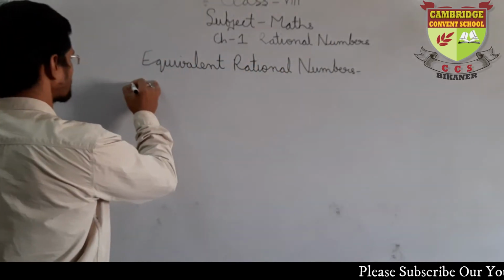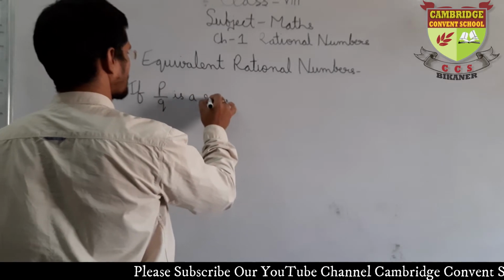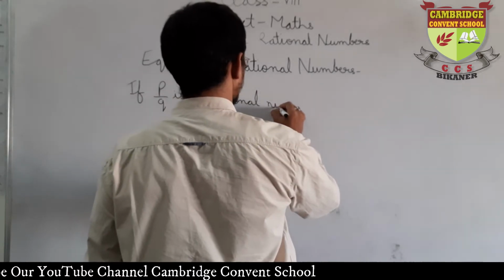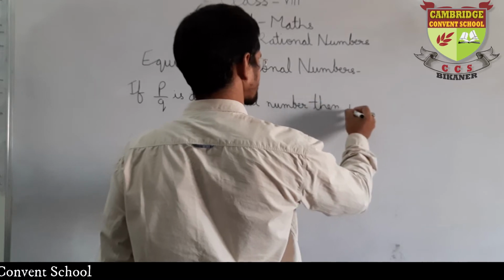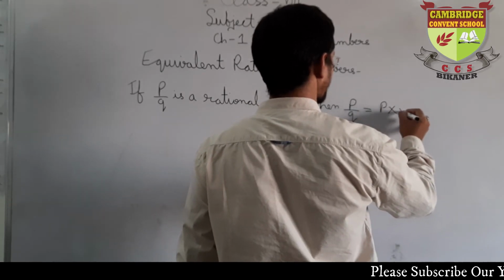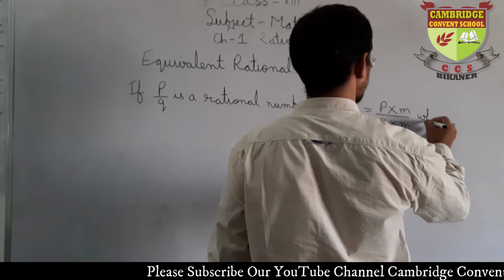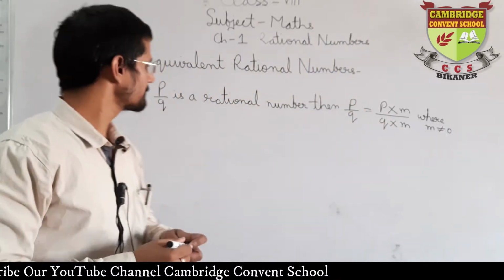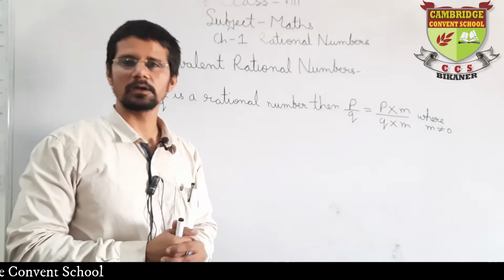Let's assume p upon q is a rational number, then p upon q is equal to p into m upon q into m, where m is not equal to 0.